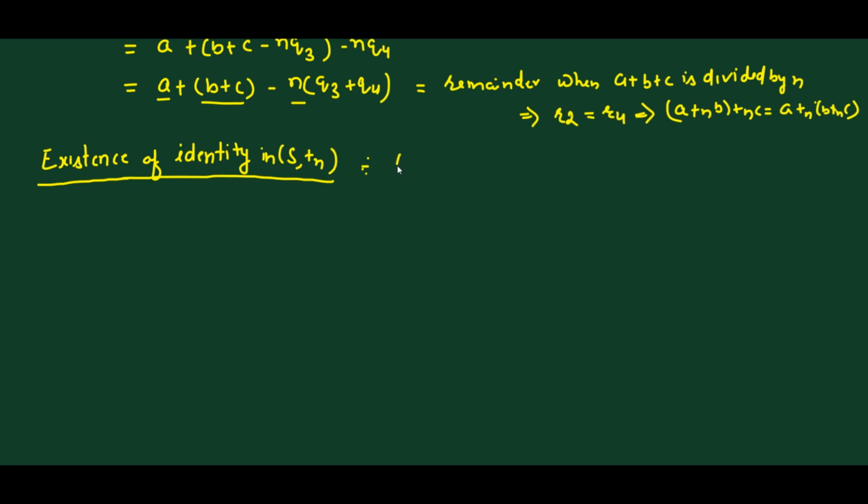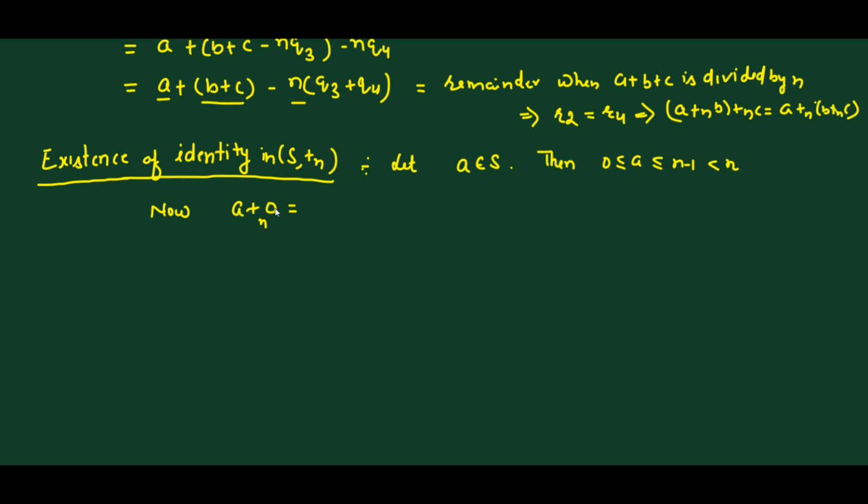Okay, for this let A be an arbitrary element of S, because S is the set of remainders of n, therefore the element A lies between 0 and n minus 1, and of course this is less than n. Now we expect that 0 will be the identity. Let us check that 0 will be the identity with respect to this operation.